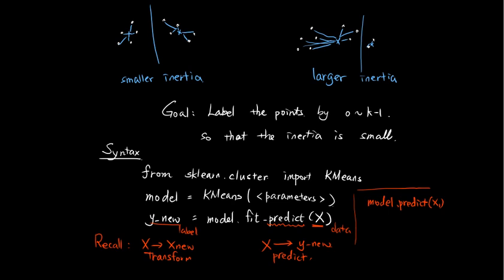But before that, let me tell you what the parameters and attributes are. For parameters, you can run, for example, model question mark. Then you will output the docstring, and you can tell that this model will take some parameters.